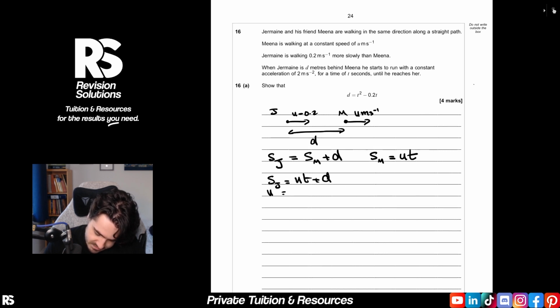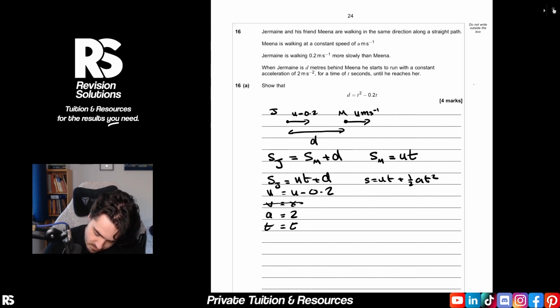We know the initial velocity is u minus 0.2. We don't know the final velocity, but we do know the acceleration of 2 meters per second squared, and we're interested in this time t when they actually meet up. So if we want an equation excluding v, that would be s equals ut plus a half at squared again.